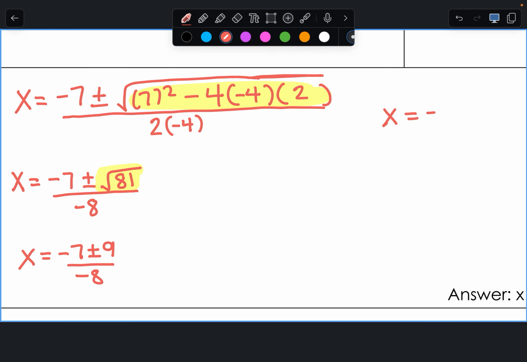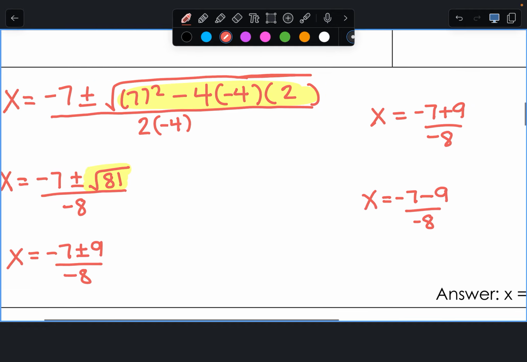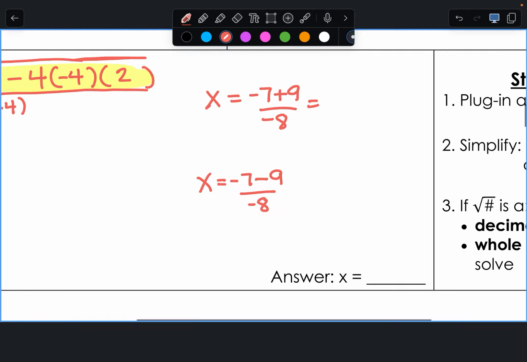So we're going to have x equals -7 plus 9 over -8. And we're also going to have x equals -7 minus 9 over -8. Type those fractions in. You don't want to miss a problem over a small mistake.